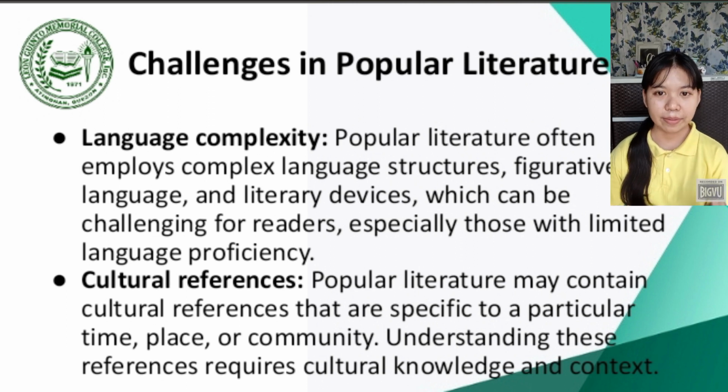Next is figurative language. So figurative language is when words are used in a creative way that doesn't actually match their usual meaning. So for example, if someone says it's raining cats and dogs. Okay, so it is a bit hard to understand or interpret the text.